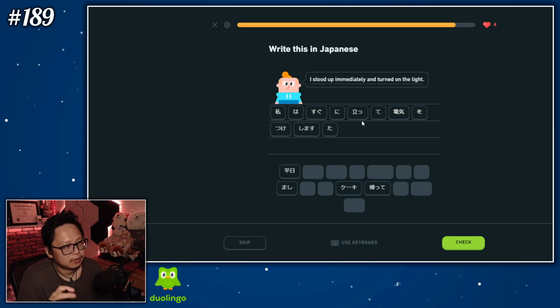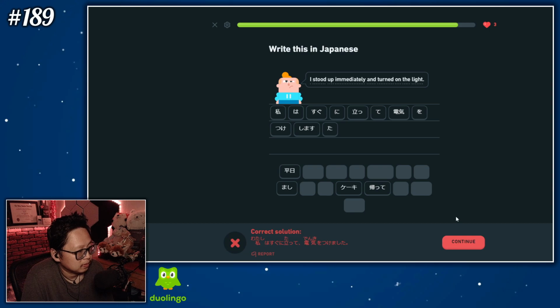Compound verbial phrases put together using te. 私はすぐに立って電気をつけました。I think. Yes?